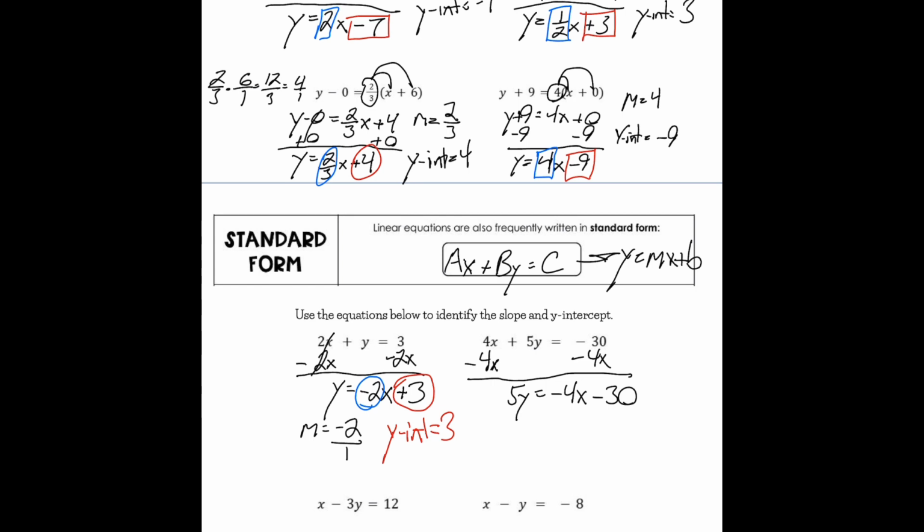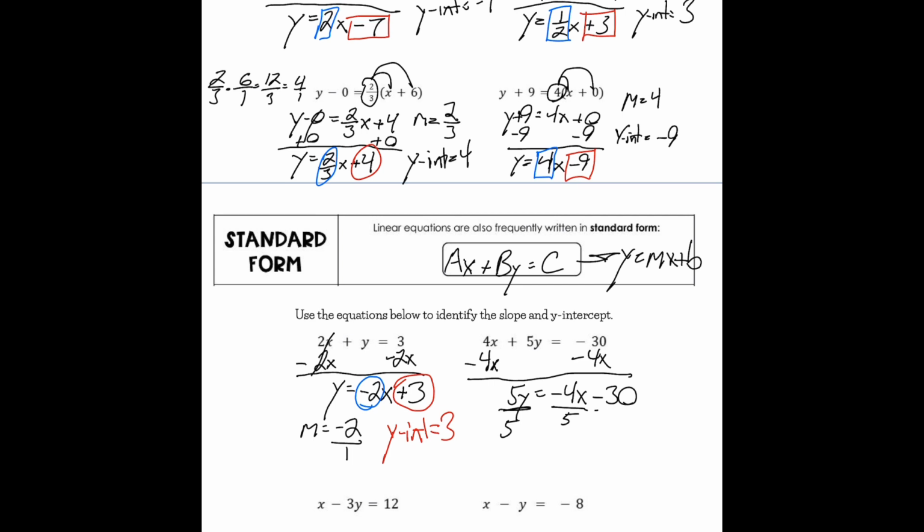So that tells me I need to divide by 5. Remember, we're using a fraction line, we're turning it into a fraction to divide. We're not using a little division symbol like you might have done in middle school. We're going to use a fraction line to show division by 5. And then what we do on one side of the equal sign, we do to everything on the other side of the equal sign.